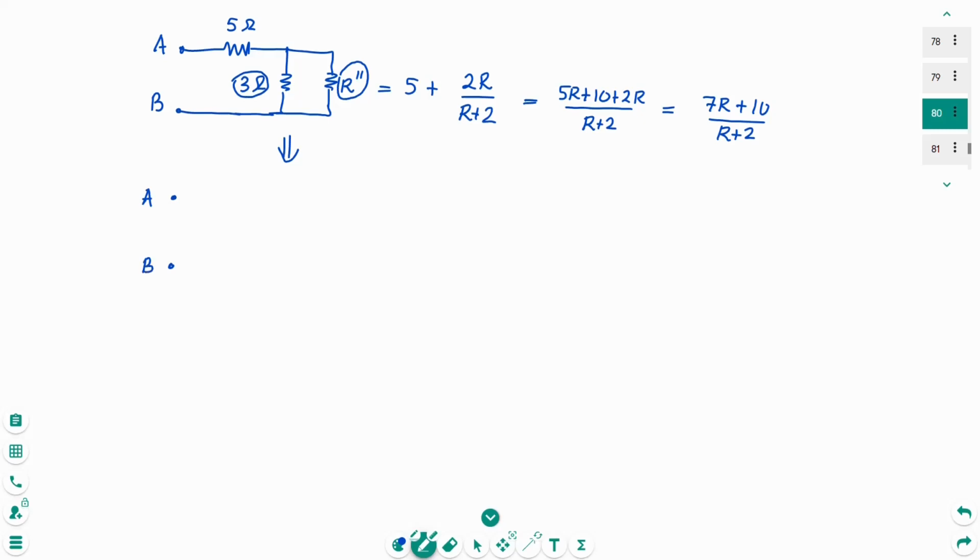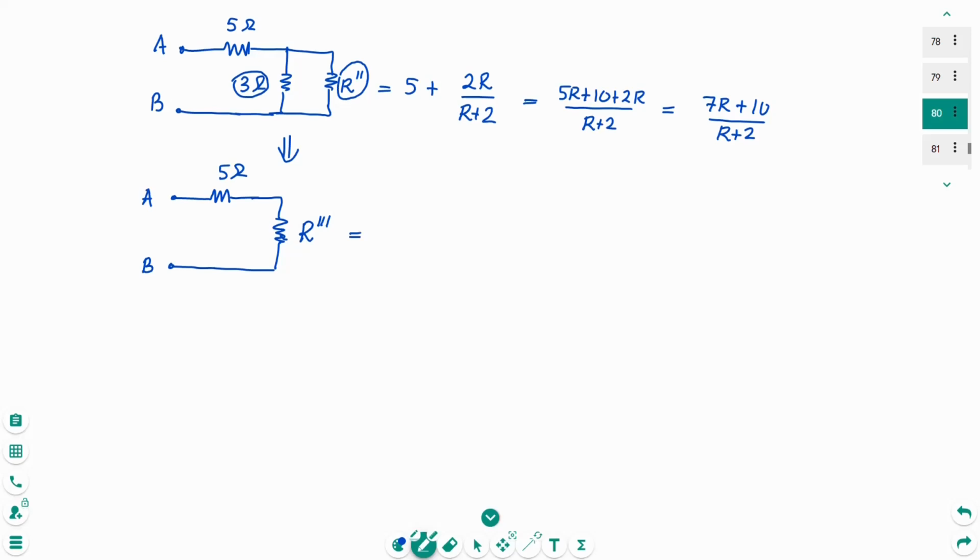So these are the two endpoints. And now you have the 5 ohm resistor over there. And then I can write the equivalent resistance for the 3 ohm and R double prime, which are parallel to one another. Let's call that R triple prime. Again I'm going to apply the product of the two resistors in the numerator and the sum of the two resistors in the denominator.